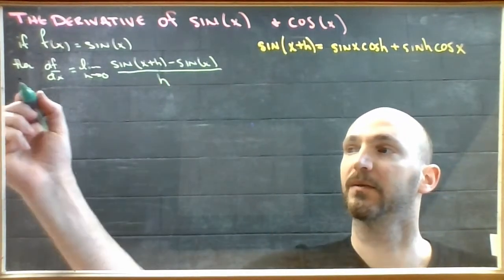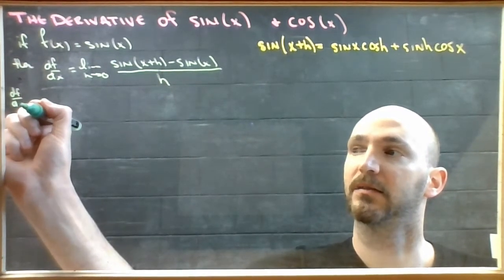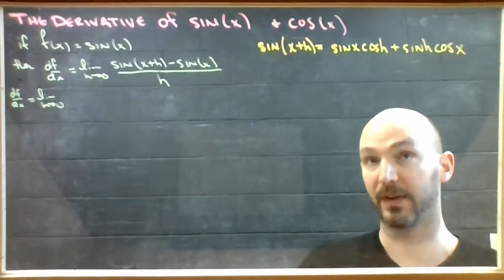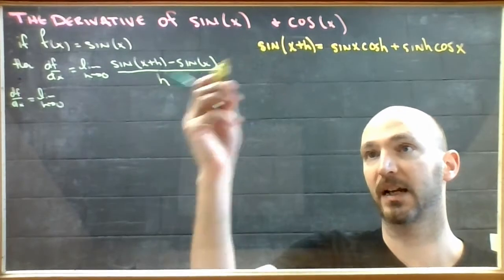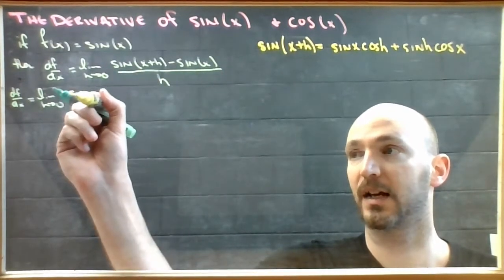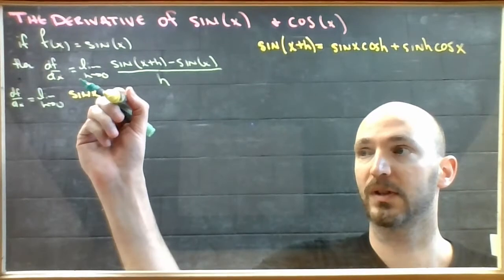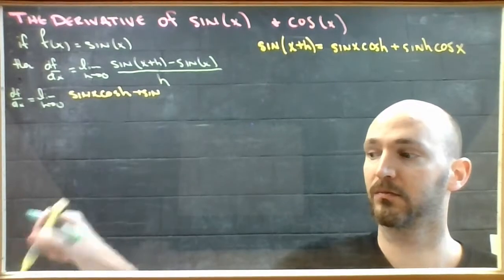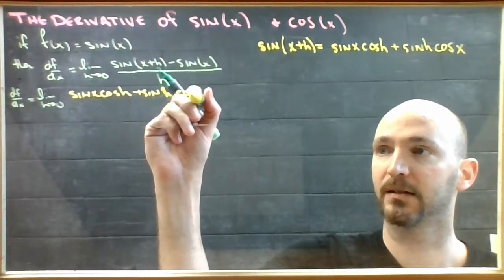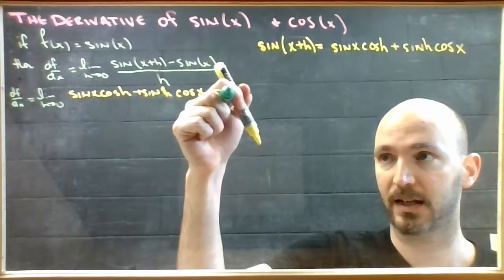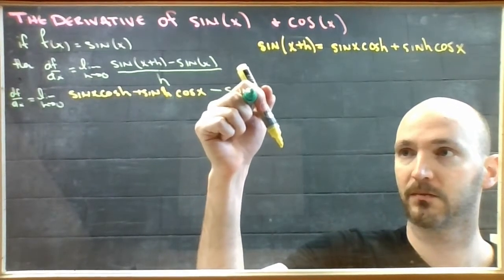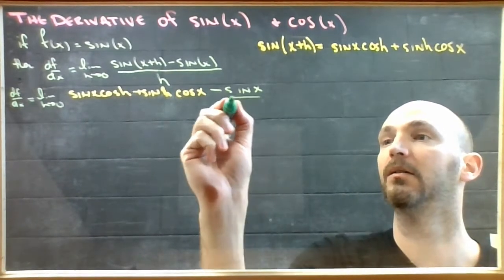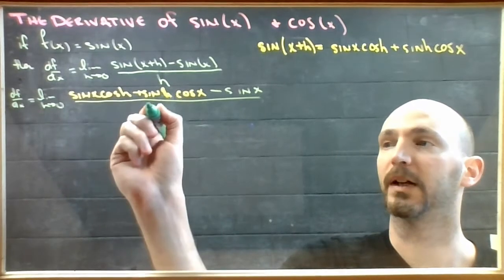So my derivative, df by dx, is the limit as h goes to 0 of this thing up here. Instead of sine of x plus h, I'm going to write sine x cos h plus sine h cos x. Then I have a negative sine x that was here the whole time, all over h.